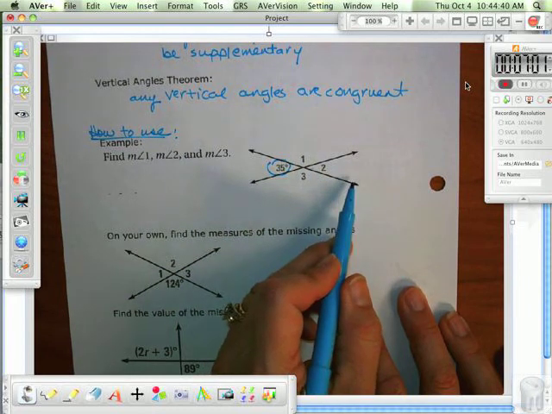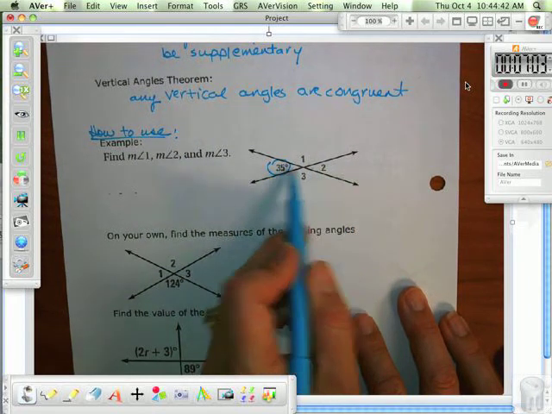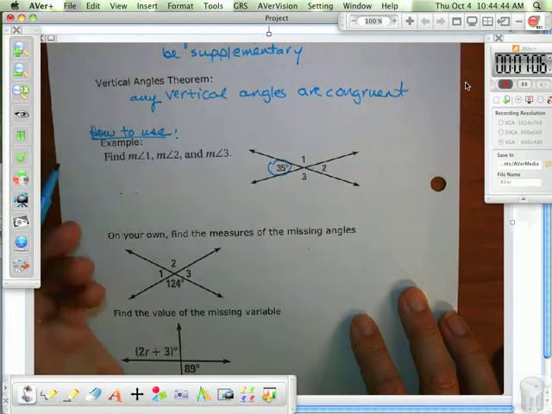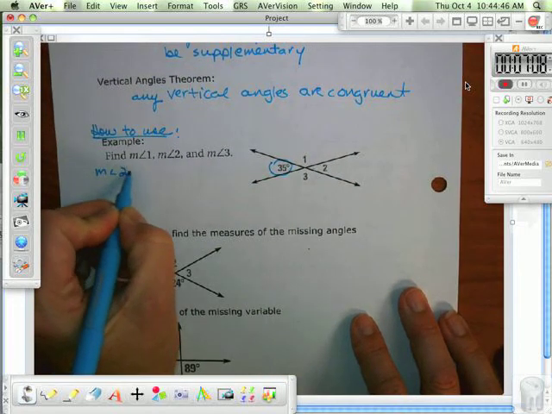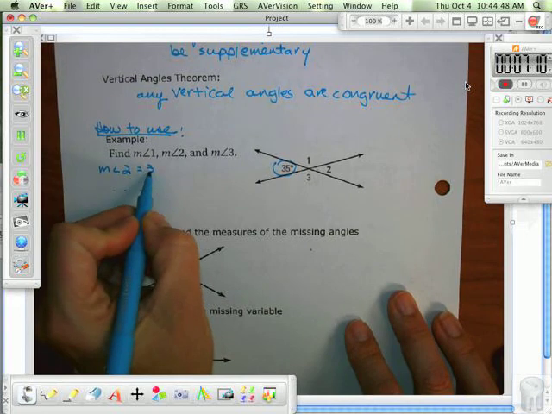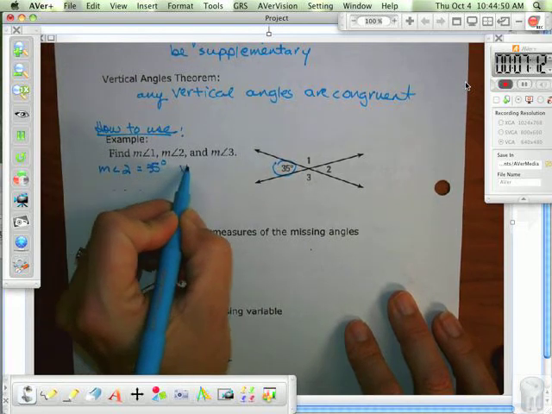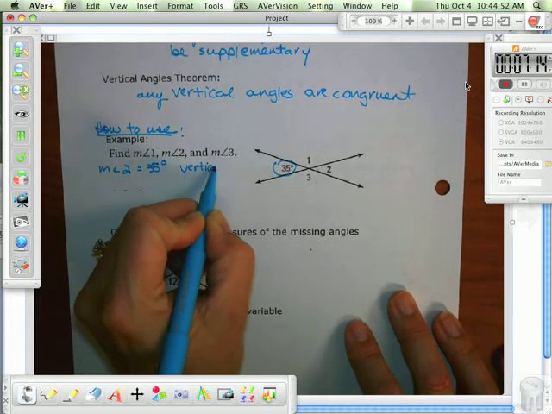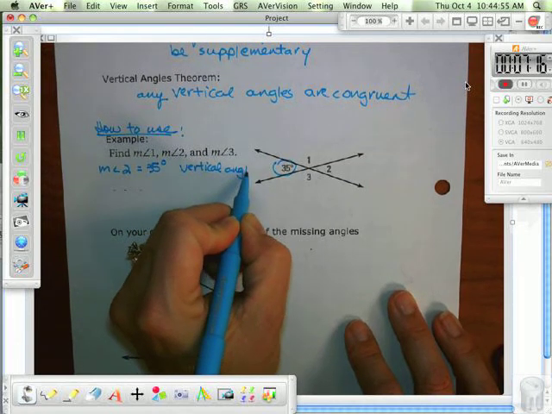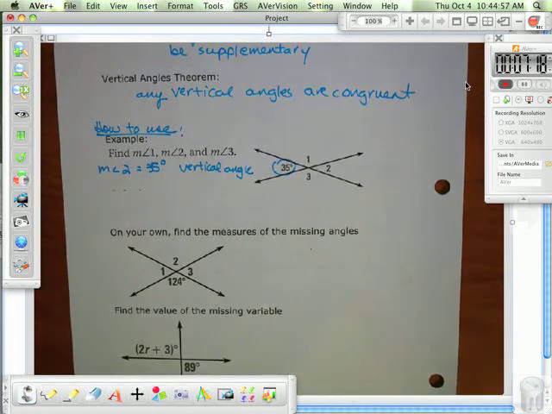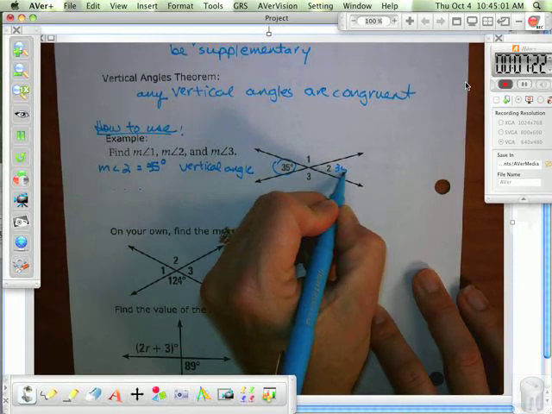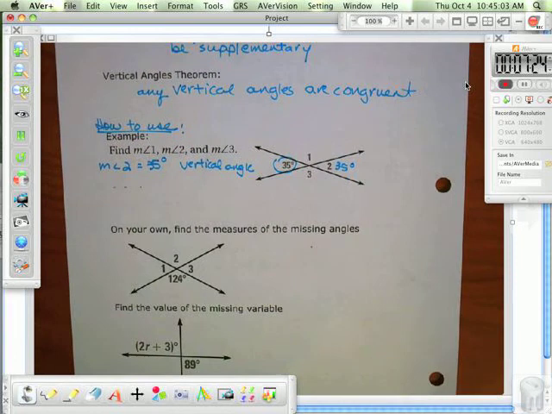Vertical. If they're vertical angles, they're what? So what's the measure of angle 2? 35 degrees, because it's a vertical angle. So I'm going to write 35 right here. It helps when you start filling in the picture.